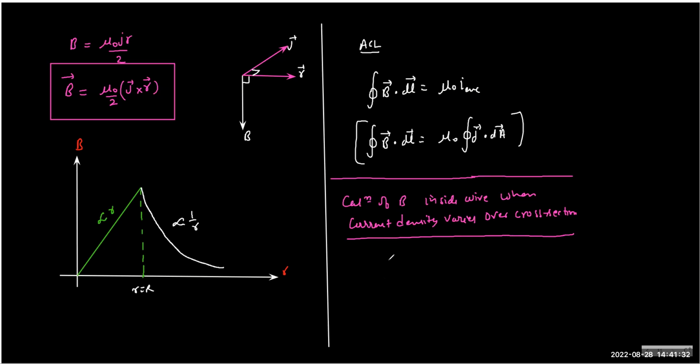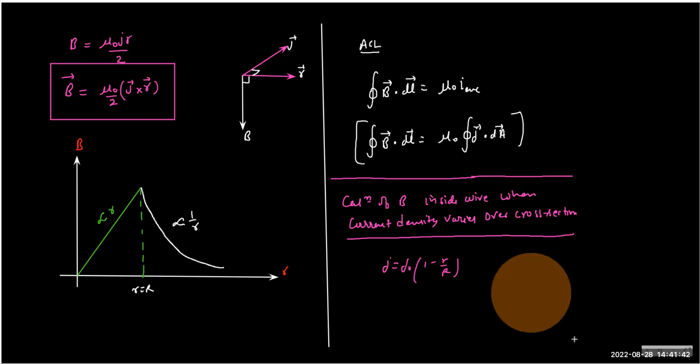Let's say I give you the example that J equals J naught times (1 minus r by R), and this is the cross-sectional view of an infinite wire of radius R. Of course this formula is true only when r is less than or equal to R, that is the domain.